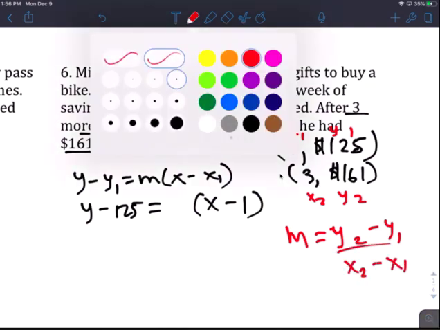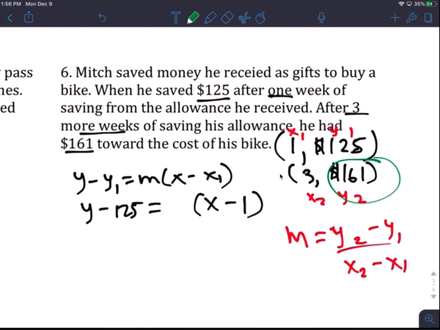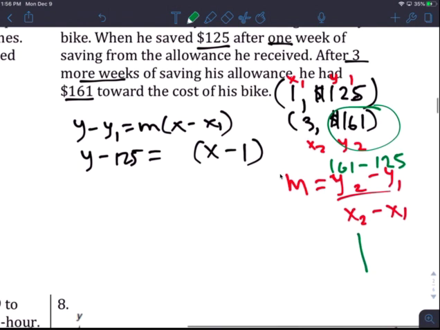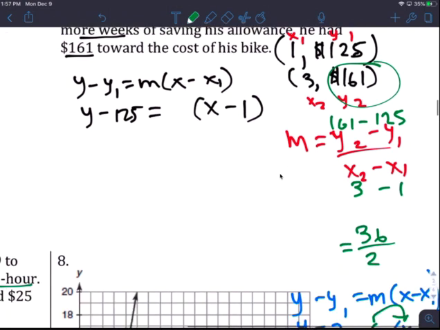So you're minusing 161 minus 125. That is 36 over x sub 2 is 3 minus 2, which is 9. m equals 18.